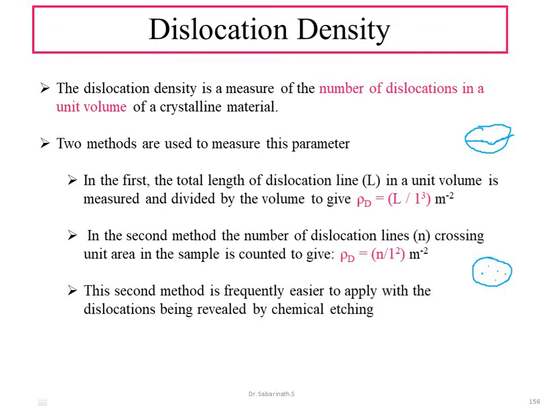And finally we have seen the dislocation density. In the next video we will see the production of X-rays and how XRD is used for evaluation of various crystalline structures. Thank you for the attention.